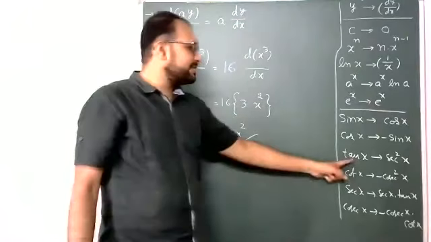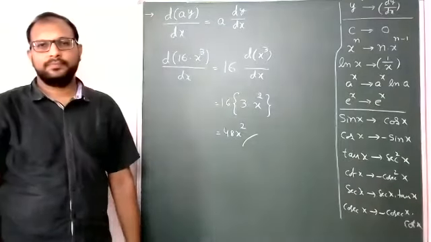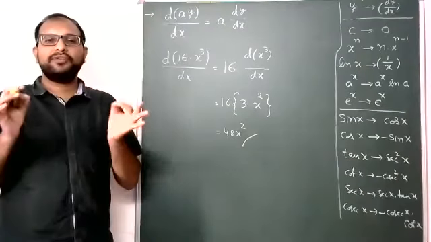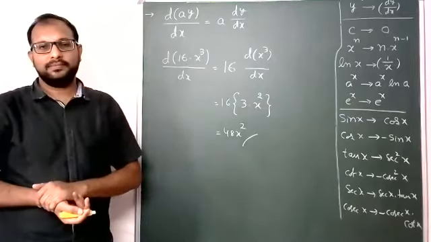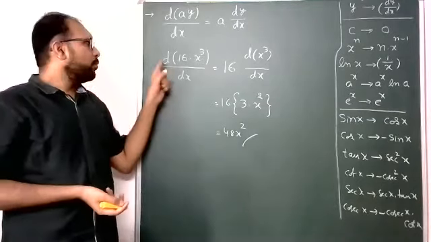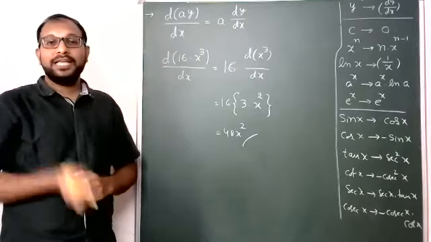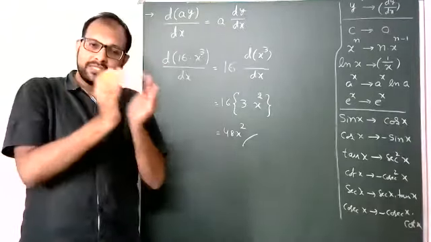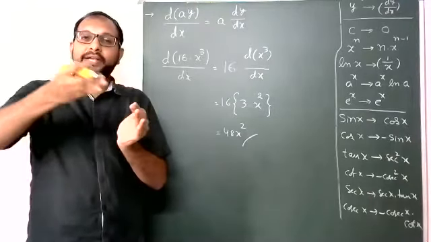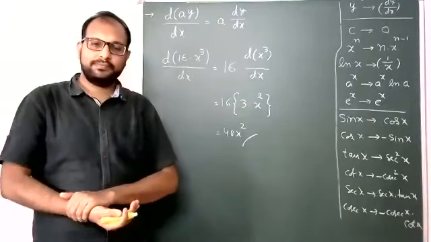For example, students, tan x. What is the derivative of tan x? Secant square x. Suppose the same. What is the derivative of 16 tan x? 16 separate, tan x derivative secant square x.